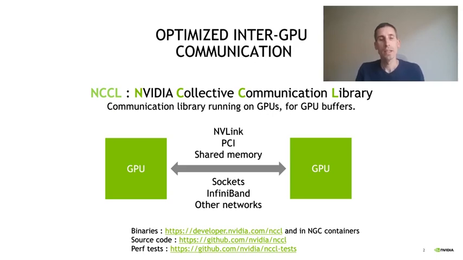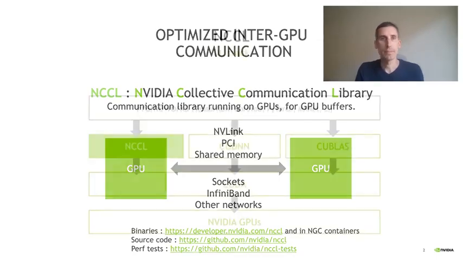In particular, we're using the bus bandwidth that those tests report, which is meant to reflect how much data is coming in and out from your GPU, and this is something that you should be able to relate to the bandwidth that your GPU should be able to maintain, be it using PCI or NVLink, or if you're communicating through the network, that should be related to your network speed as well.